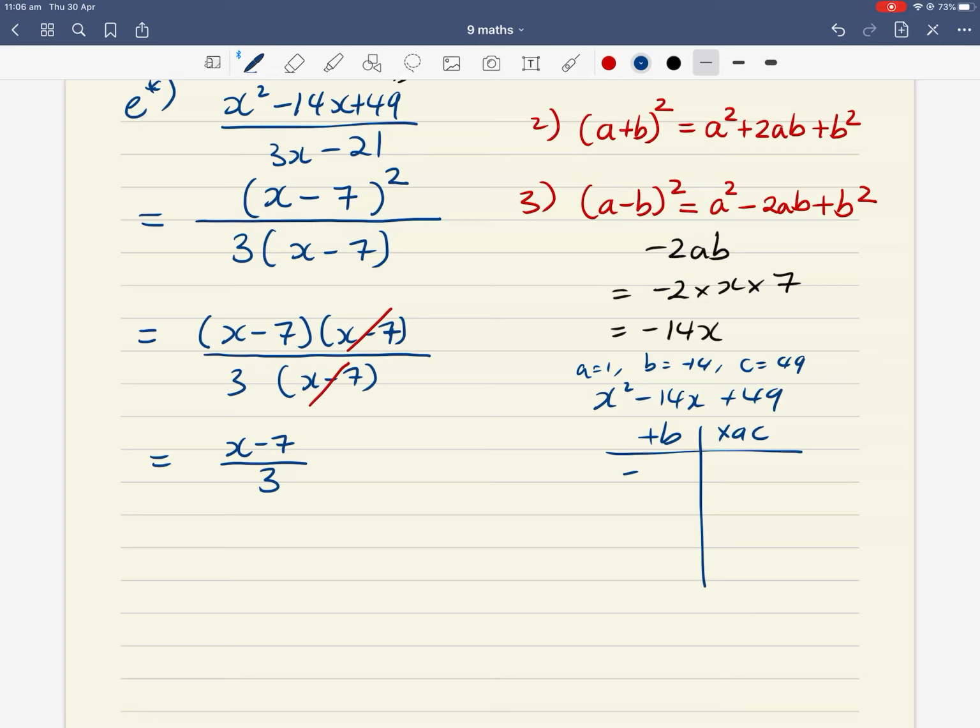So you are thinking of 2 numbers that add to be negative 14 and multiply to be 49. Well, 7 times 7 is 49, and negative 7 plus negative 7 gives you negative 14, so you could factorize it to be x minus 7, x minus 7.